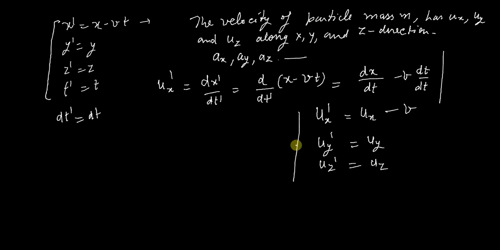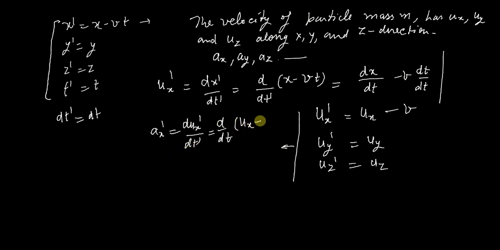Further, with the help of these equations, you can find the acceleration of that particle. ax prime is equal to dux prime upon dt prime, that means d upon dt of ux minus v, since dt prime is equal to dt.